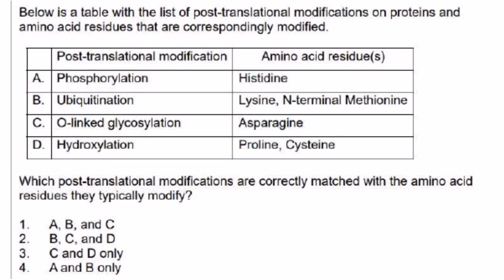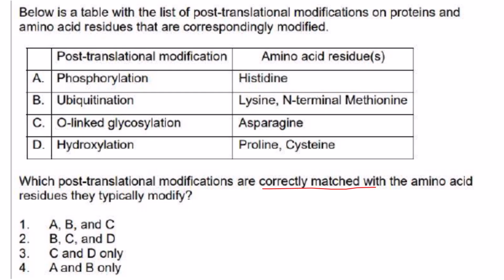Then the next one, below in the table with the list of post-translational modifications on proteins and amino acid residues that are correspondingly modified. Which post-translational modifications are correctly matched with the amino acid residues they typically modify? So phosphorylation, it is histidine.